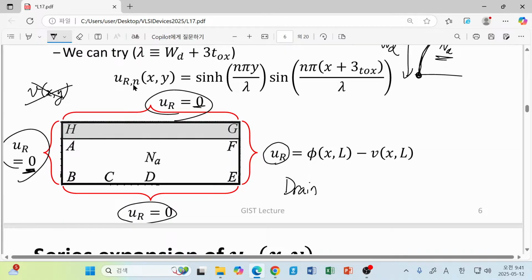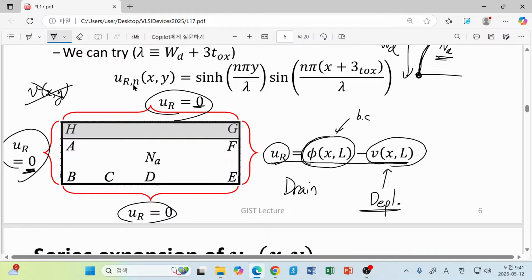So now the only non-zero side is the right side, and this one is just given as the boundary condition minus our previous solution. And please note that once again, this previous solution is just corresponding to the potential distribution of a depletion layer inside the silicon side.